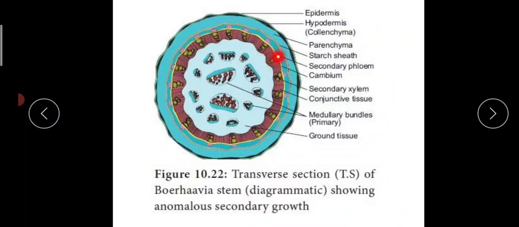In between two bundles there is a space, and the cambial ring that comes in between these two bundles produces lignified conjunctive tissue. In between the bundles they produce conjunctive tissues.